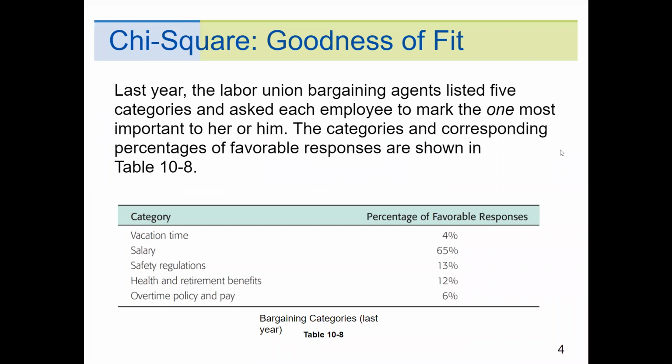All right, last year, the labor union bargaining agents listed 5 categories and asked each employee to mark the one most important to him or her. The categories and corresponding percentages of favorable responses are shown in 10.8. All right, vacation time, salary, safety regulations, health and retirement benefits, overtime policy and pay. You can see the favorable outcomes.